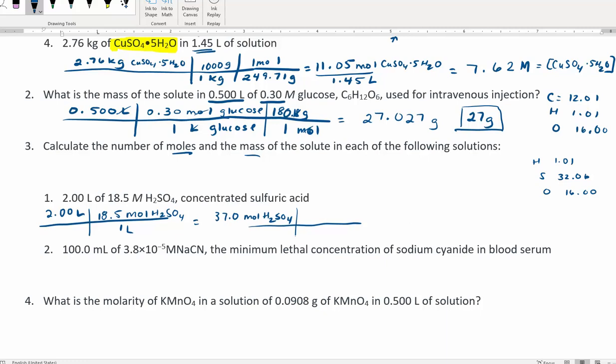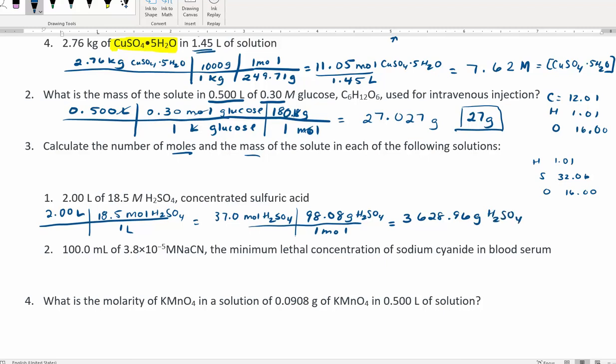And I get a molar mass of 98.08 grams of H2SO4 for every 1 mole. So I multiply that 98.08 by the 37 moles and get 3,628.96 grams of sulfuric acid.